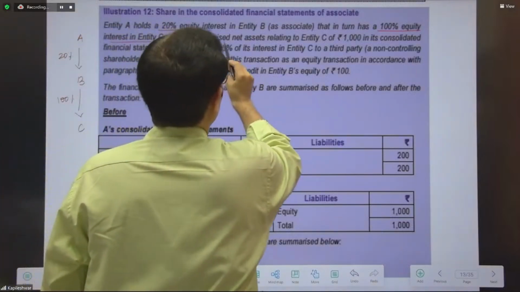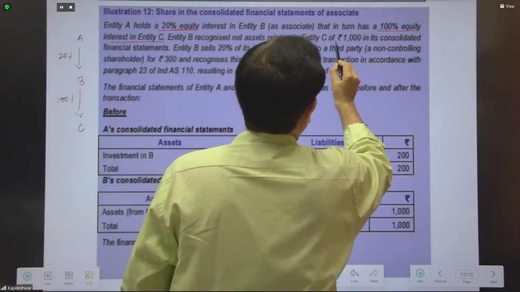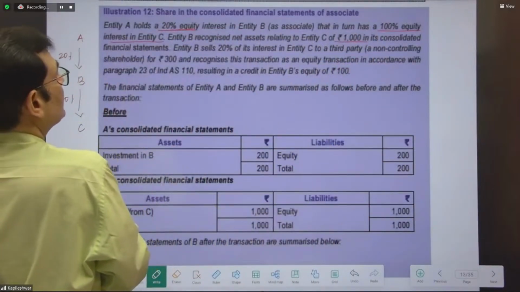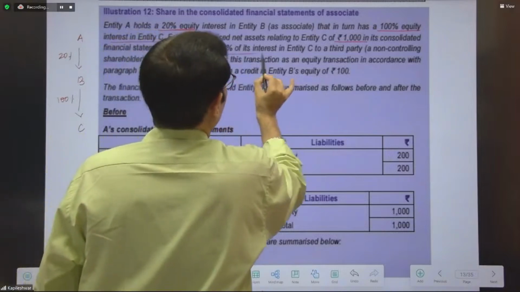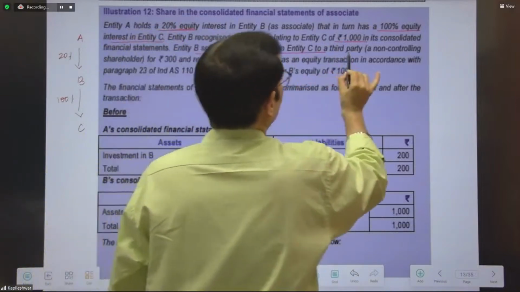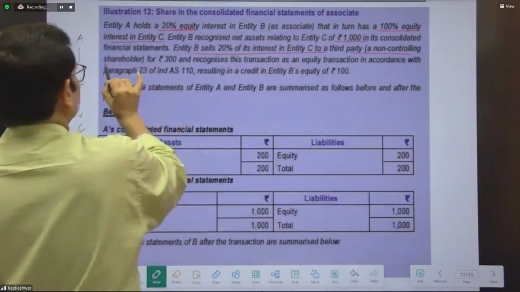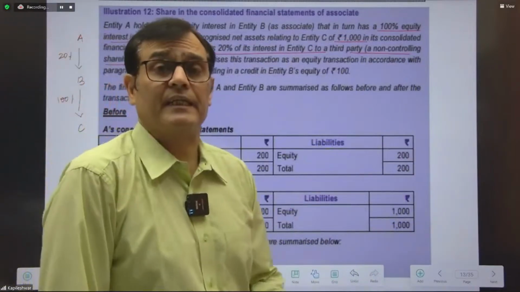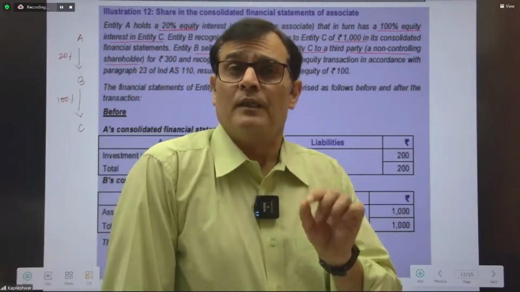Entity B recognized the net assets relating to C of 1000 in its consolidated financials. And then it says entity B sells 20% stake in C to a third party, that is NCI. Now we need to understand one thing based on your understanding of Ind AS 110.